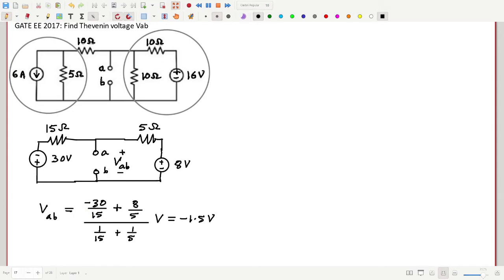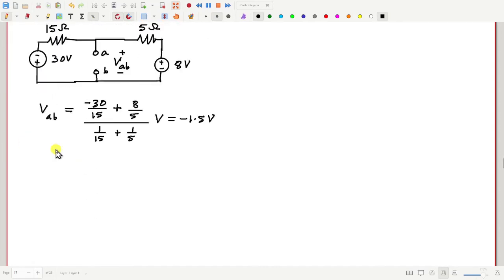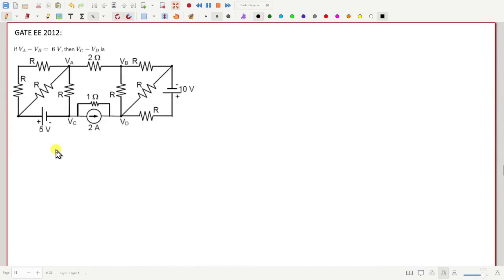Okay, so any question here? Anyone? No, sir. Okay, so let me move to the next question. This is very easy, so I would expect you to try this first. What is given is that VA minus VB, this voltage is 6 volt.